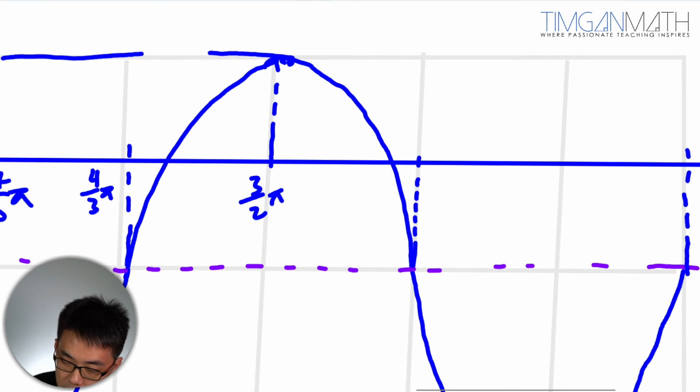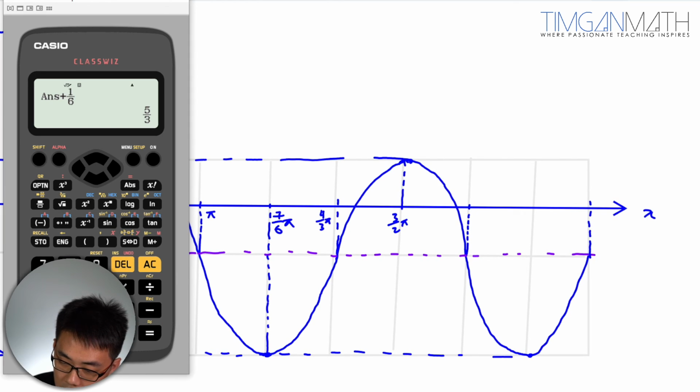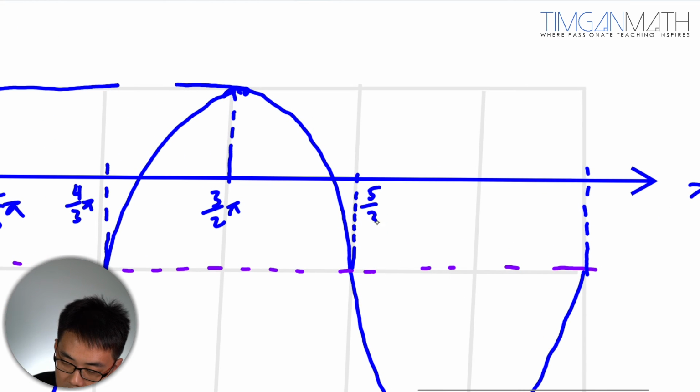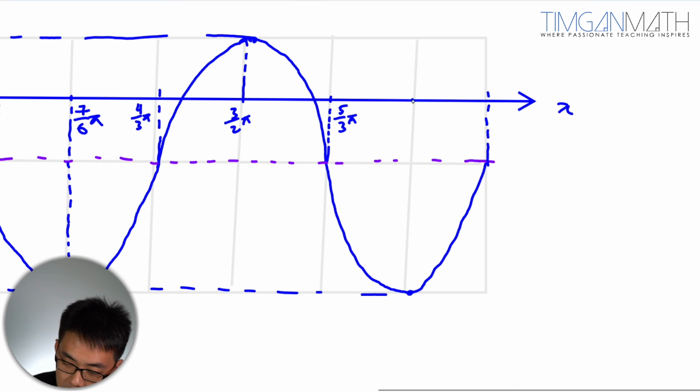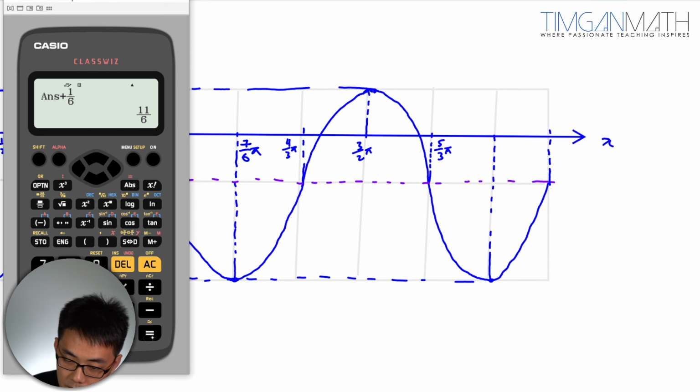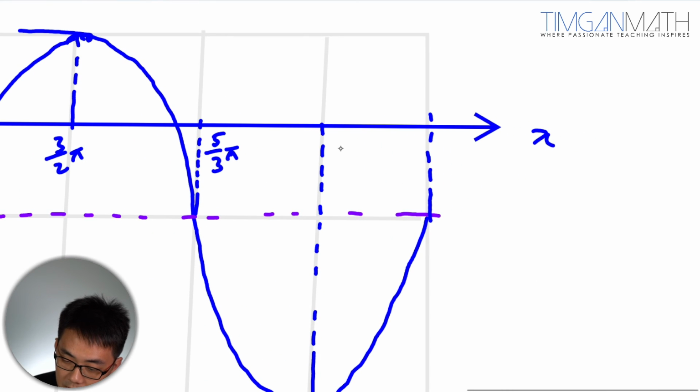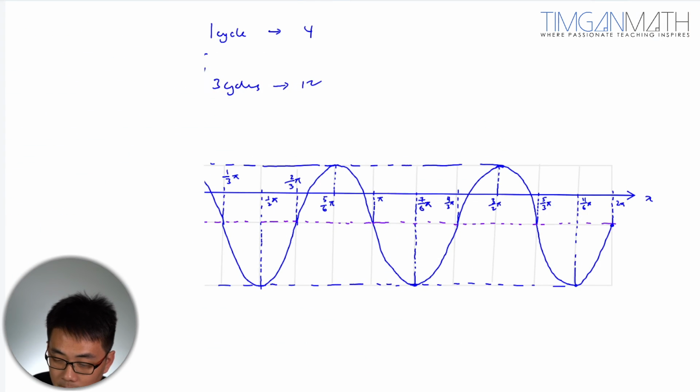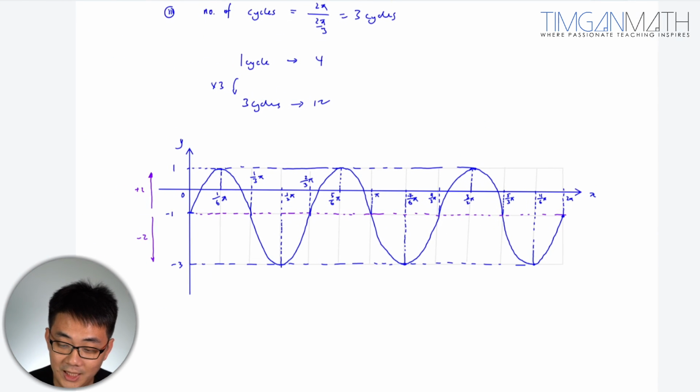This over here will be 5/3 pi. This over here will be 11/6 pi and 2 pi. So that's how you do this question proficiently. That's how you sketch it.